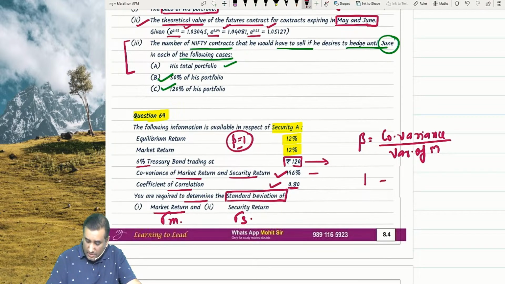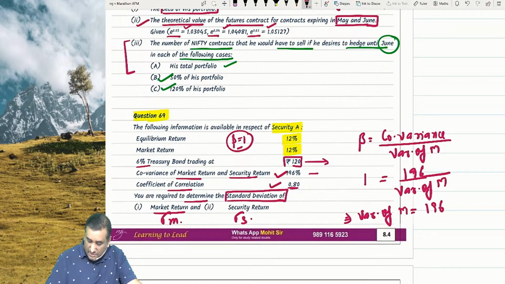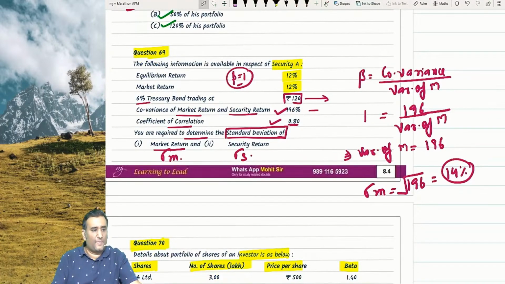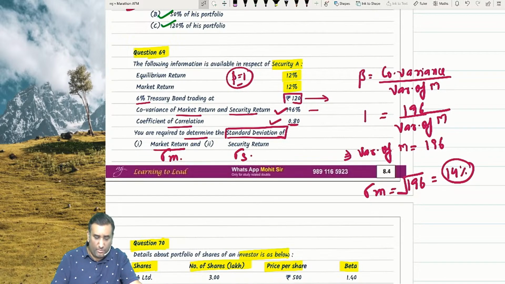Covariance, how much do we have? This I know is 1. Covariance is 196. I can find my variance of market 190, and he said calculate what? Standard deviation 190. And once I get that, then I can apply the second formula.